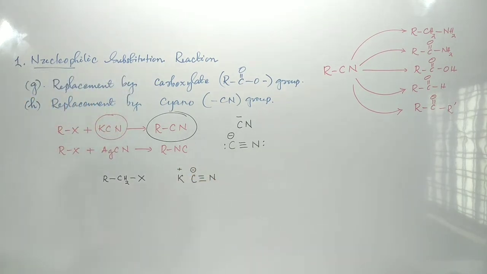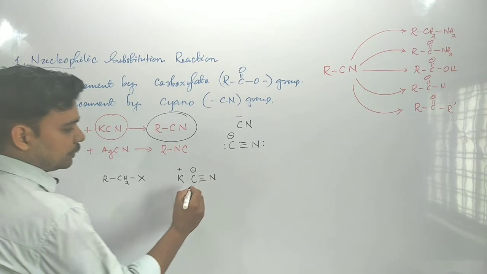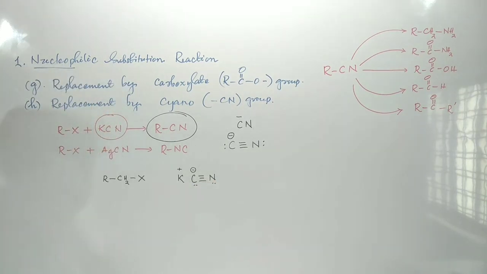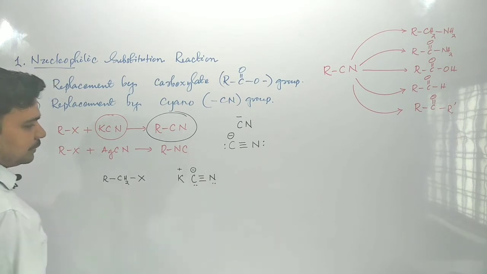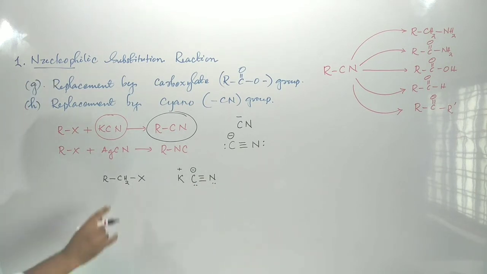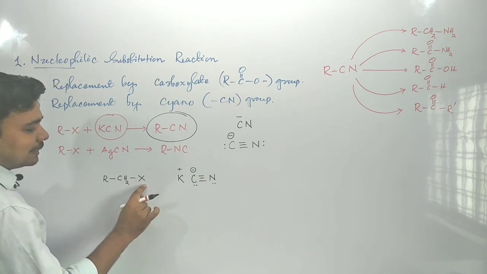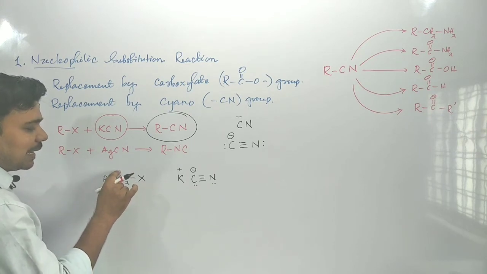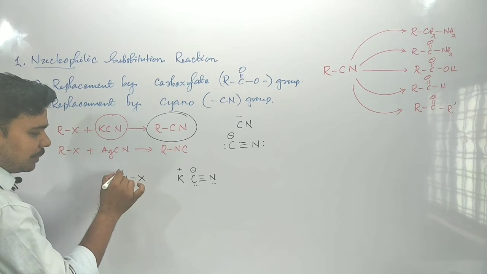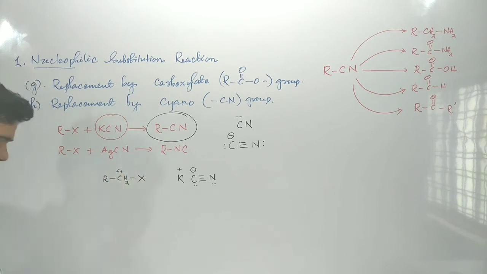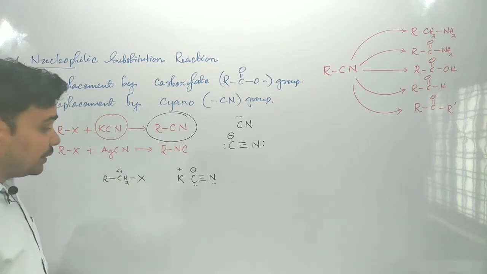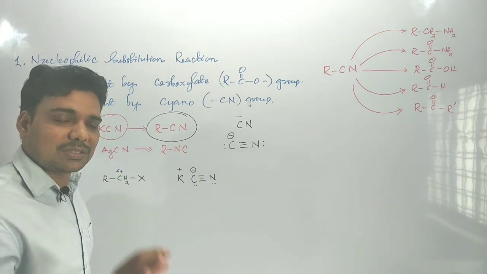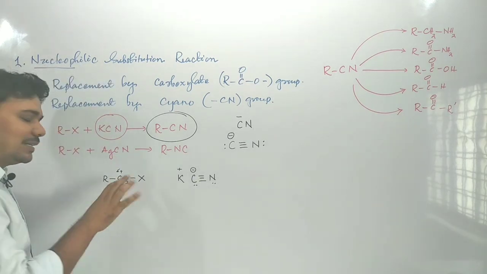Due to ionic nature of this base, we will get this nucleophile. In alkyl halide, this carbon containing halogen has partial positive charge. This means it is a soft acid. Soft acid means it is the electrophile.